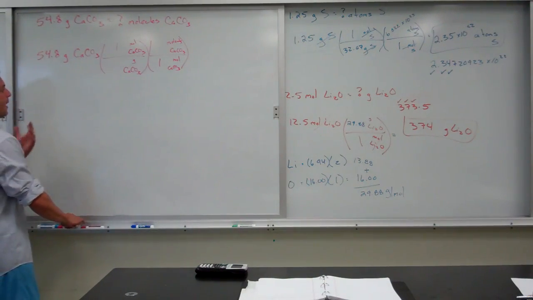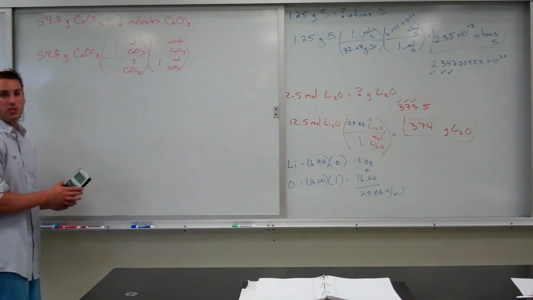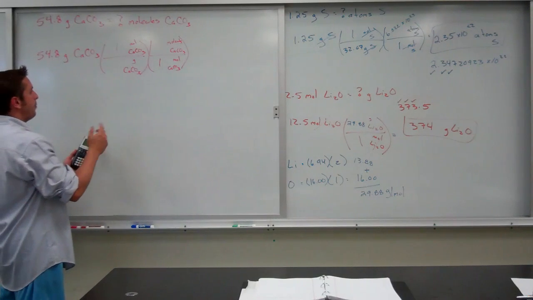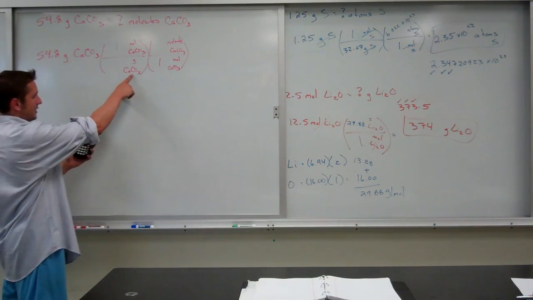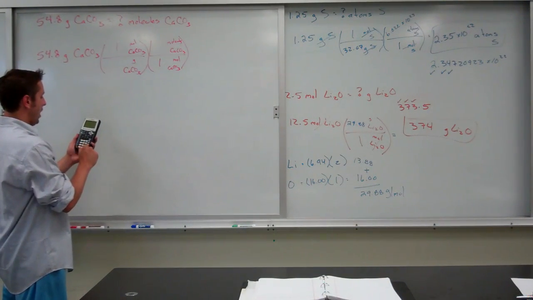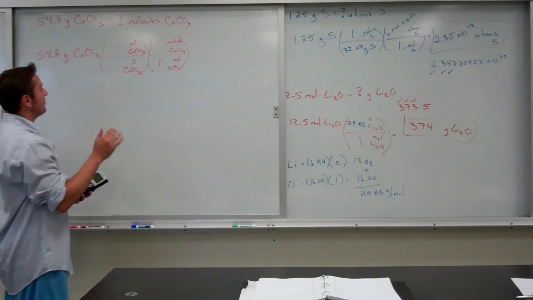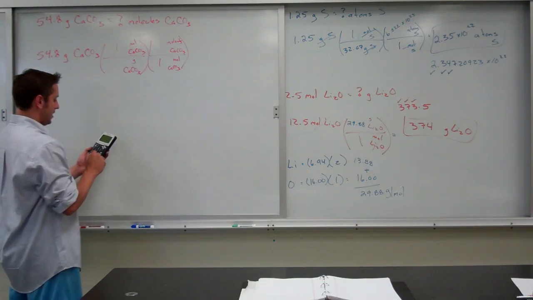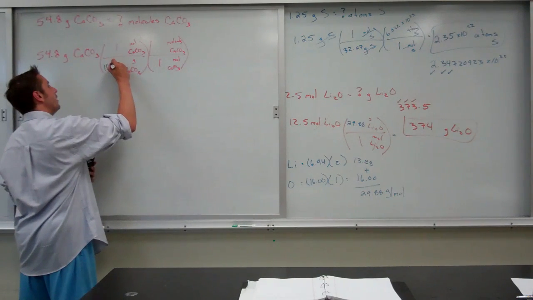And this time I won't draw all that work out. I'll show you what it's like when you do it just in your calculator. I have 1 Ca, so I go to the table, I pull Ca's number, which is 40.08. Plus, I have 1 carbon. Carbon is 12.01. Plus, I have 3 oxygens, so I'll have to add 3 times 16 into that, which is 48, which gets me a number for this of 100.09.